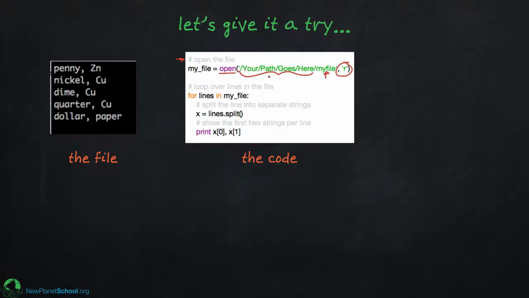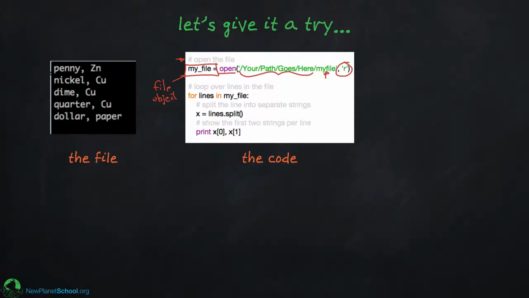Now what it does with it is kind of interesting. Notice this equal sign, my file. What is that doing? What it's doing is it's creating what is called a file object. It kind of seems maybe like an abstract and strange thing to do, but it's actually a really convenient thing.